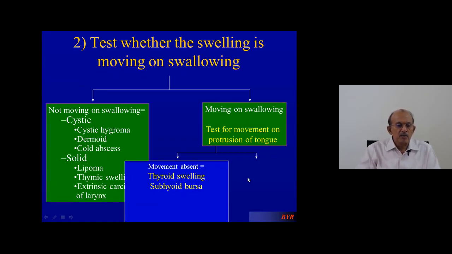So tell me the swellings that move on swallowing. Swellings which move on swallowing. What are they? There are 4 swellings. Already I mentioned 2 swellings. Tell me about the remaining 2 swellings.